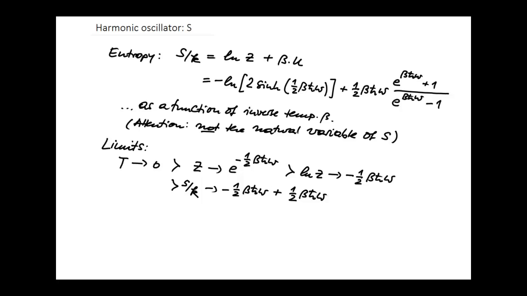So the entropy goes to 0. So we find for the harmonic oscillator, as the temperature goes to 0, the entropy goes to 0. And this is perfectly plausible, because it means that the system settles in the ground state. The ground state is a pure state, and a pure state has entropy 0.